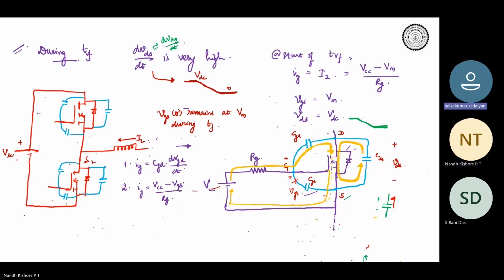Correct. And what is VGS in the second equation? VGS is constant at V Miller, right? VGS equals VM. Yes, VM. So directly we can find out.